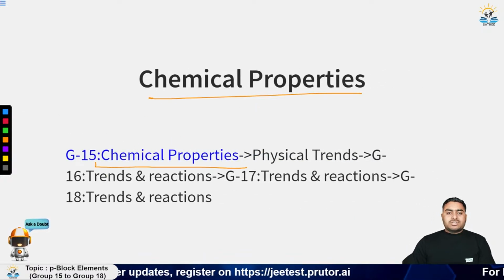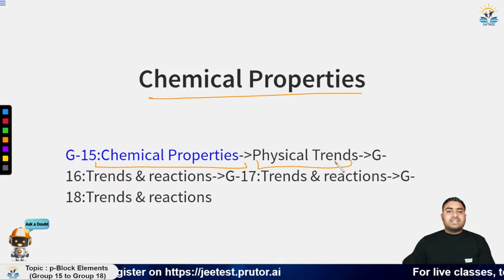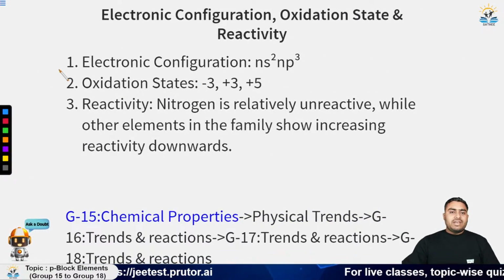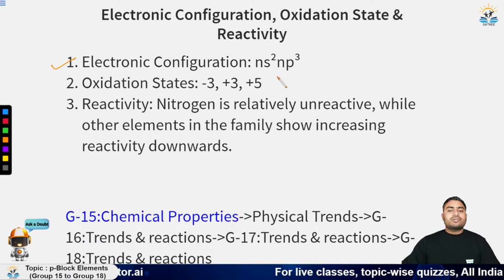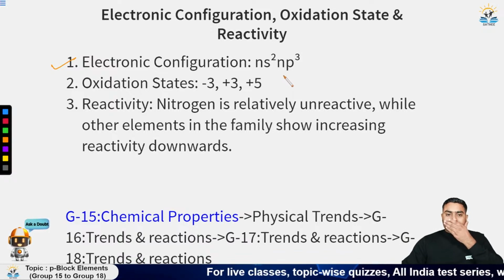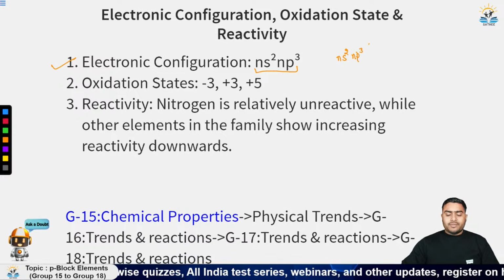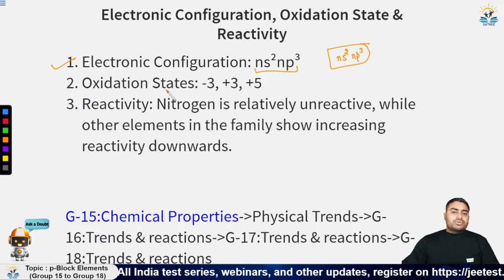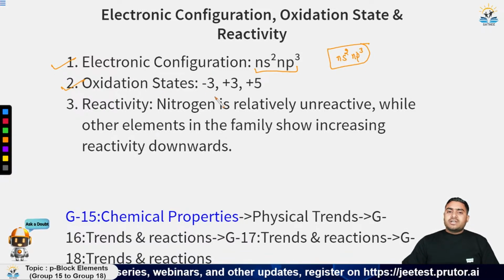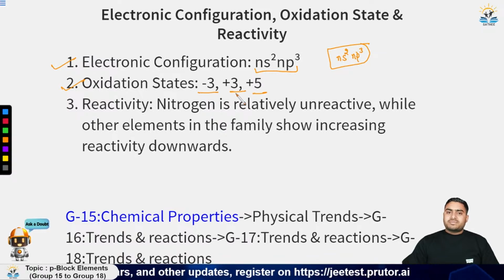So we are going to discuss chemical properties, then we will discuss physical trends. You know very well the general electronic configuration of group 15 elements is ns2 np3. Okay, so the general oxidation states are -3, +3 and +5.